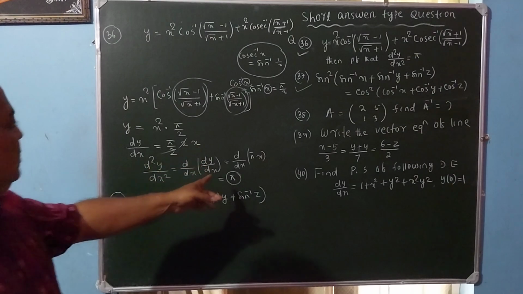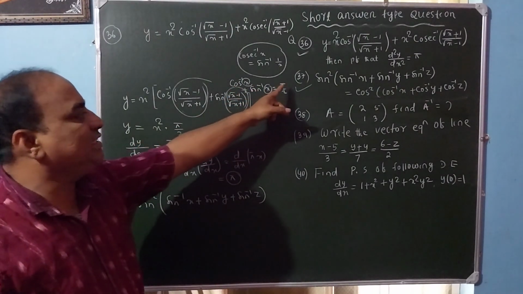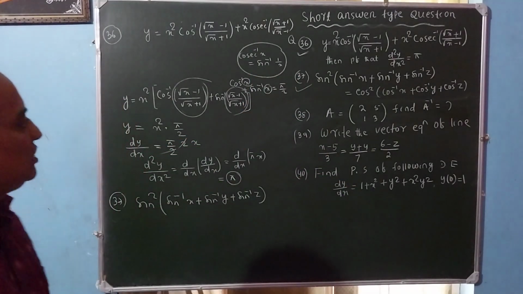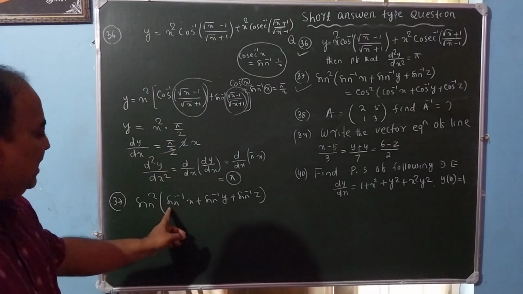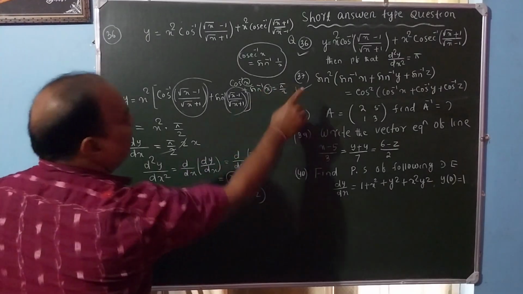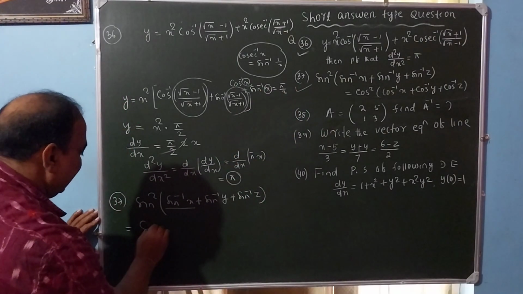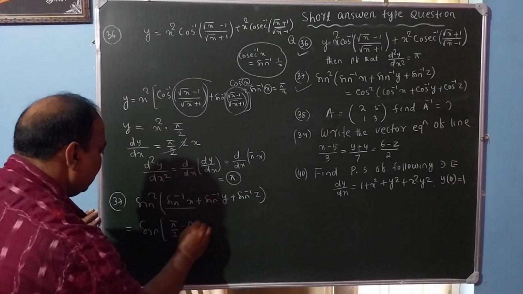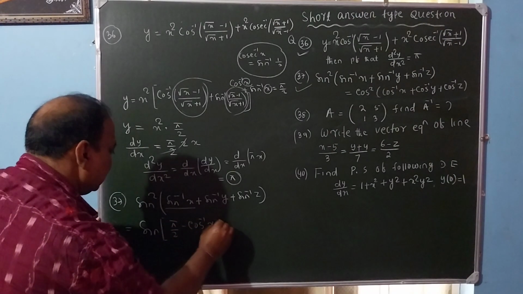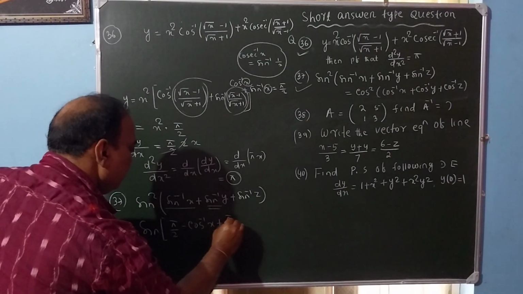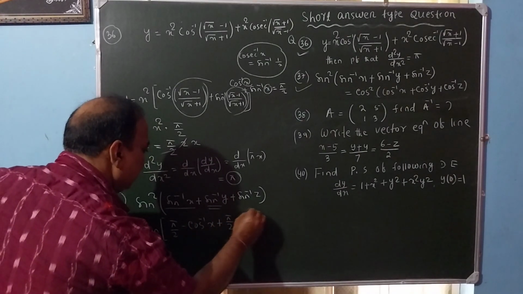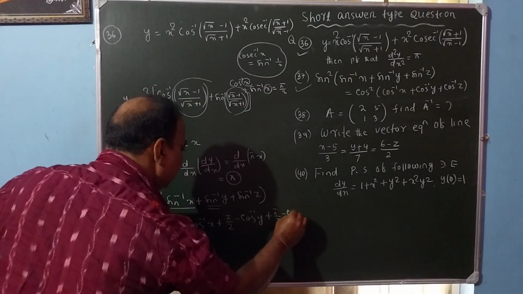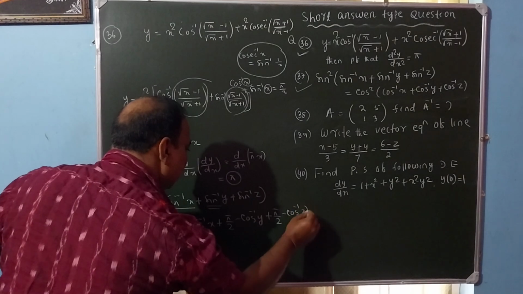Okay, we know cos inverse x plus sin inverse x is equal to pi by 2. So sin inverse x is equal to pi by 2 minus cos inverse x. So in place of sin inverse x, we have to put pi by 2 minus cos inverse x. So here it is sin square of [(pi by 2 minus cos inverse x) plus (pi by 2 minus cos inverse y) plus (pi by 2 minus cos inverse z)].